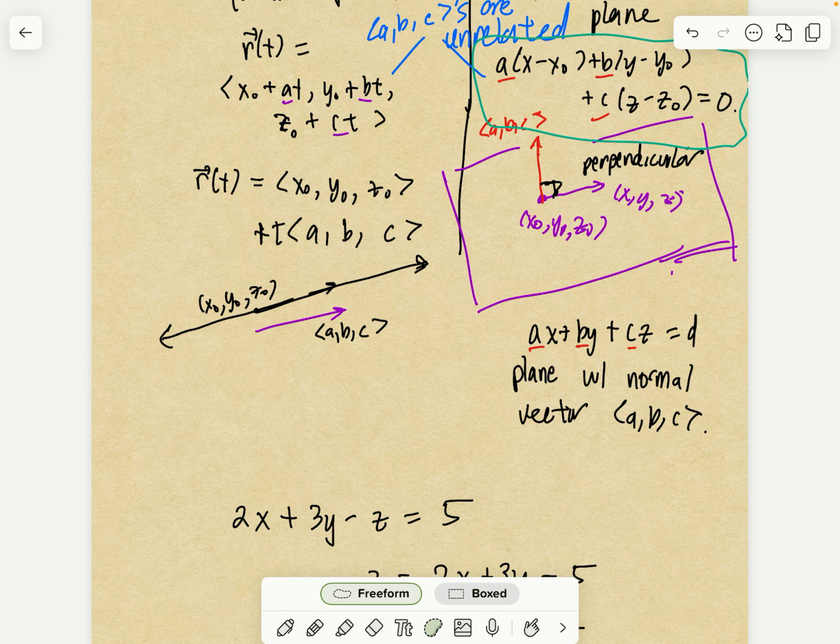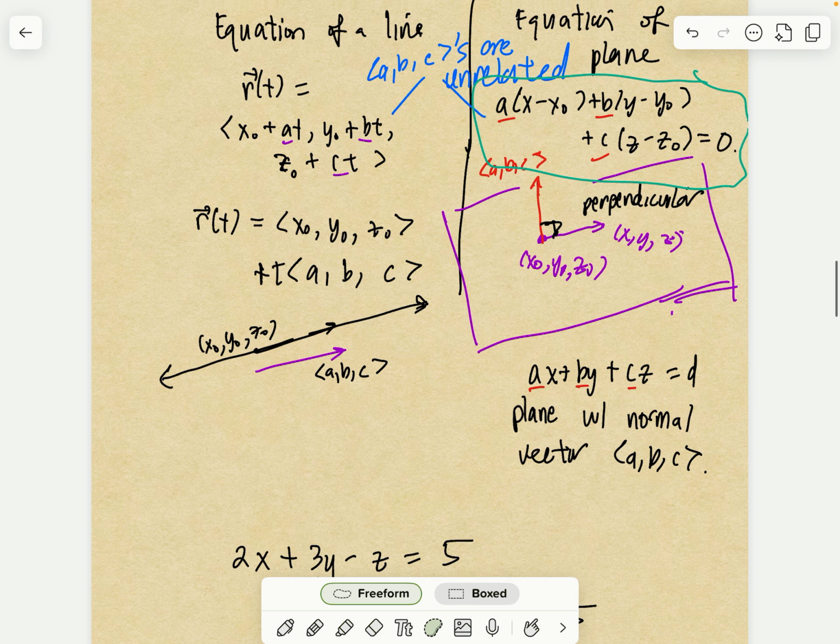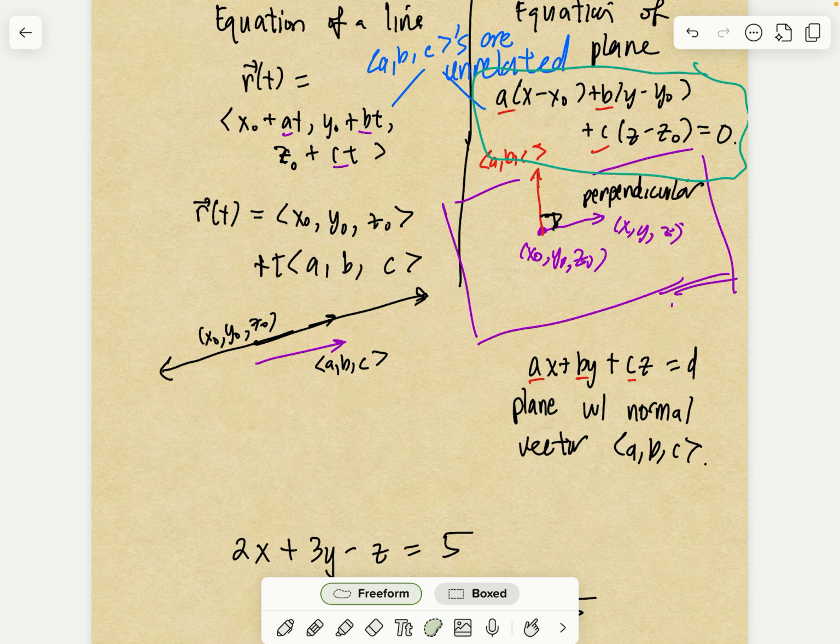One is a line and one is a plane. This ABC for the r of t on the left is a direction vector. A direction vector is a vector that's parallel to a line. Different lines can have different direction vectors. For a plane, different planes are going to have different normal vectors. Normal vectors are perpendicular to a plane.